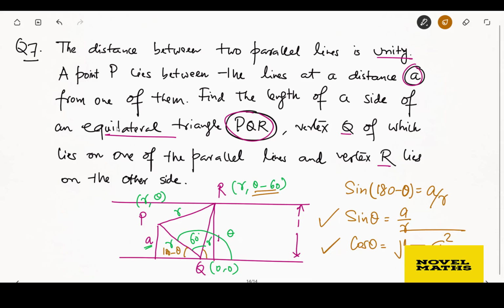This is r. So r sine of (theta minus 60) will be 1.